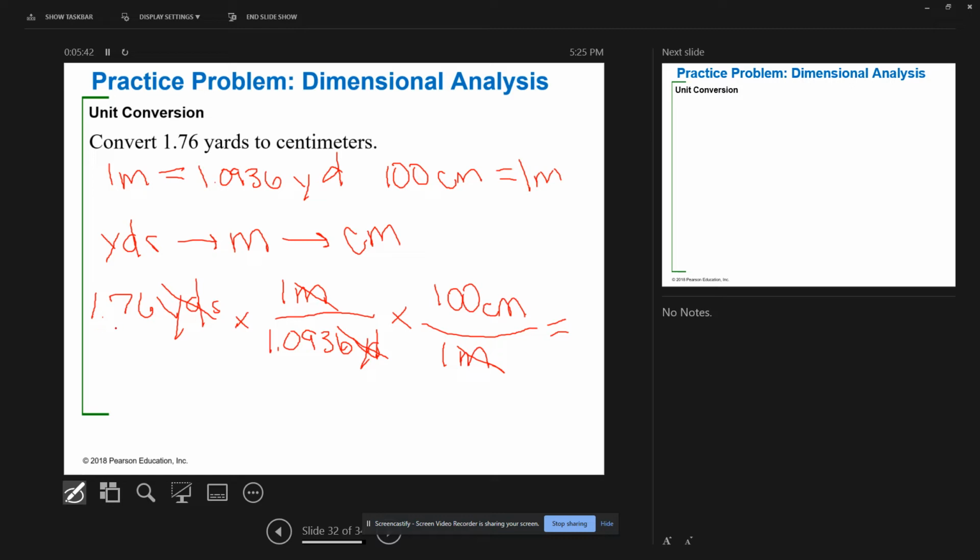So I'm going to do 1.76 divided by 1.0936 times 100, and that should give me 160.9 centimeters. But I'm going to round that to 3 significant figures. And why 3? Because there's 3 here. These don't count. So I'm going to say 161 centimeters.